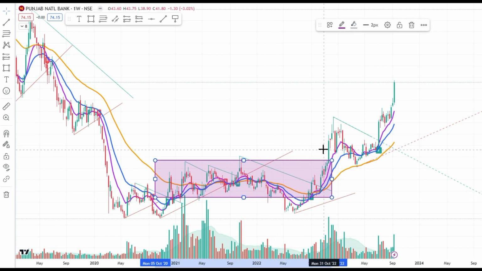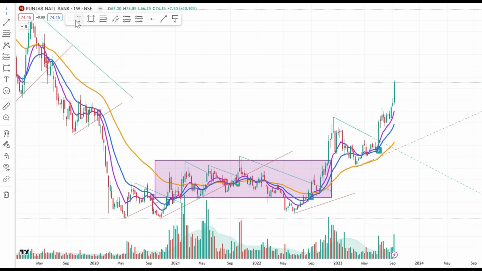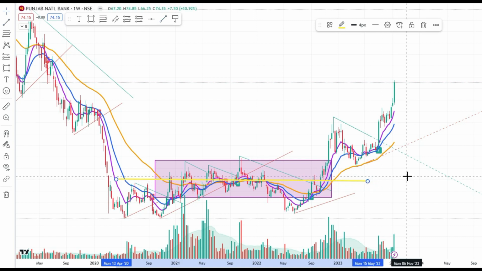Now suddenly it broke out, and you don't want to enter here. It held up the 50 period moving average, which is also the pivot point, whatever you call it. Normally this is what we call the pivot. It's the axis, just like the ones you see in vehicles.